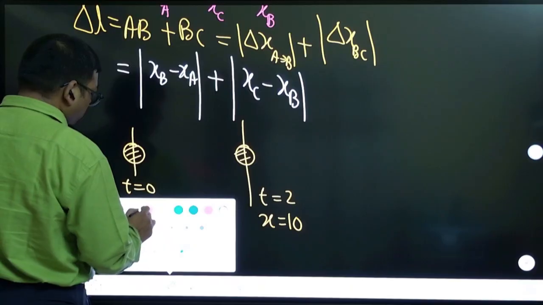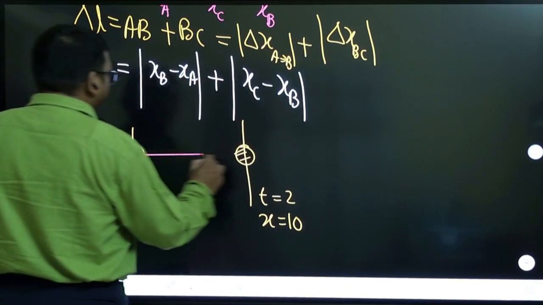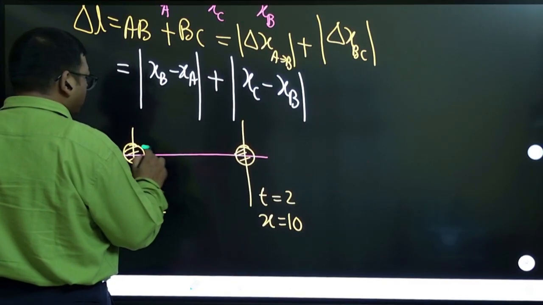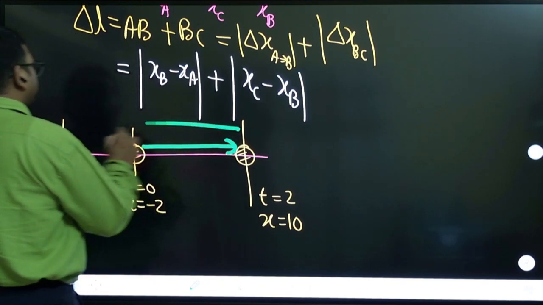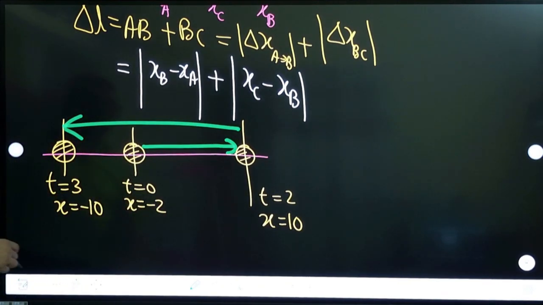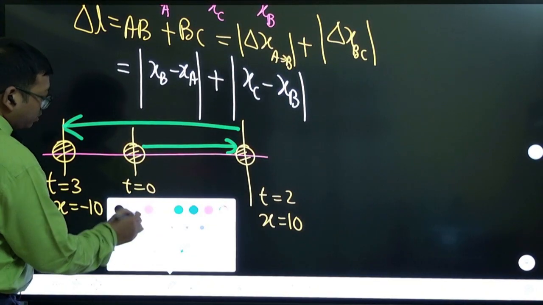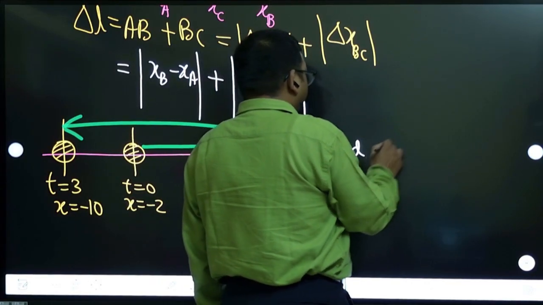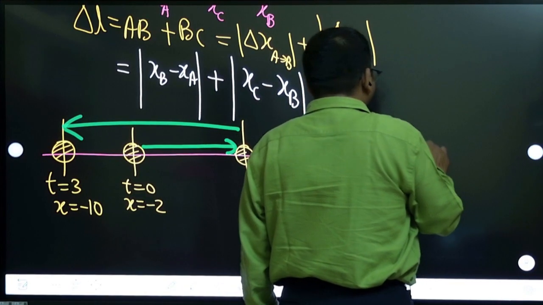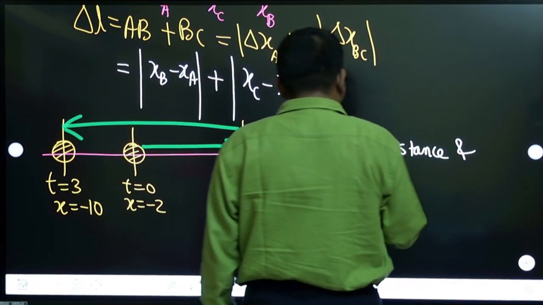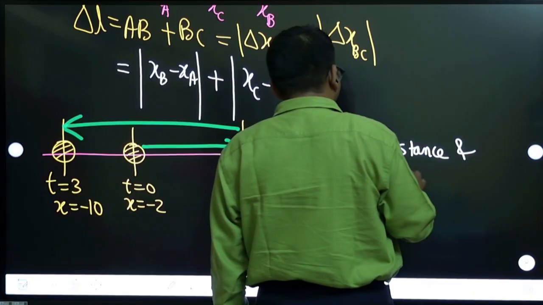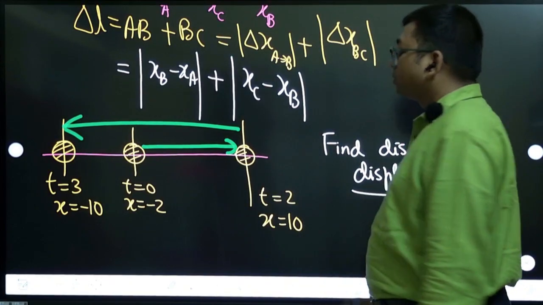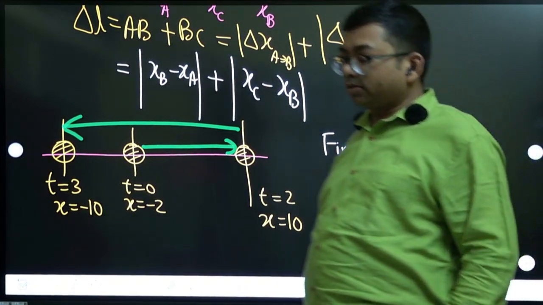Note how the body is moving. The body is first going from here to here, and then it is going back like this. So you can now find distance and displacement. Calculate.